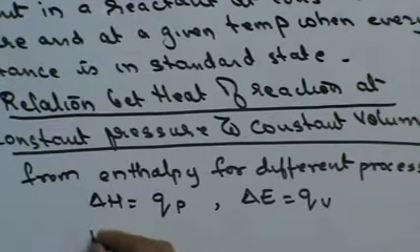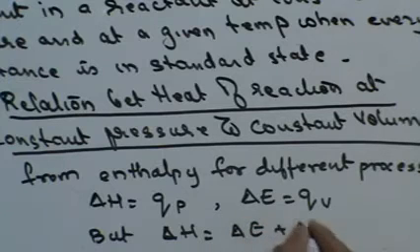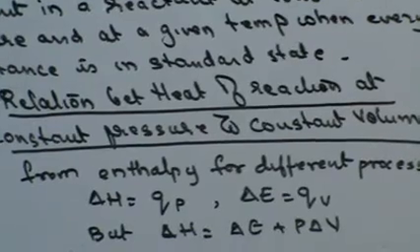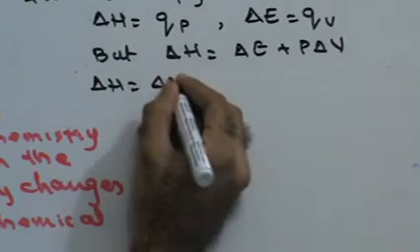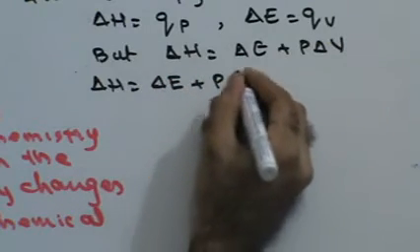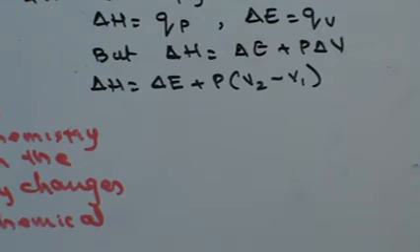But change in enthalpy is nothing but change in internal energy plus P delta V, right? Now P delta V can be written as PV2 minus PV1. Delta H is delta E plus P delta V, and delta V can be written as V2 minus V1.